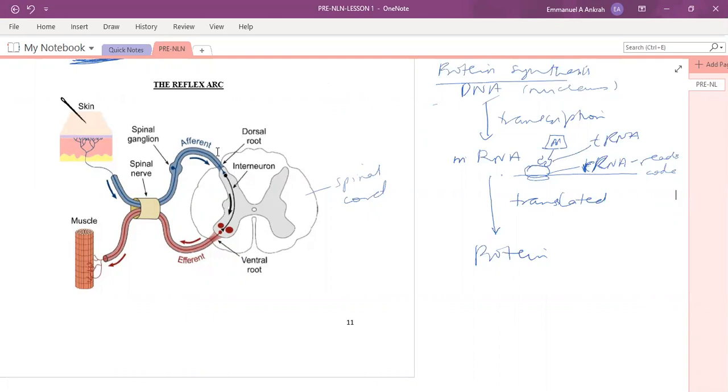All right, so far so good. Page 226, number 45.